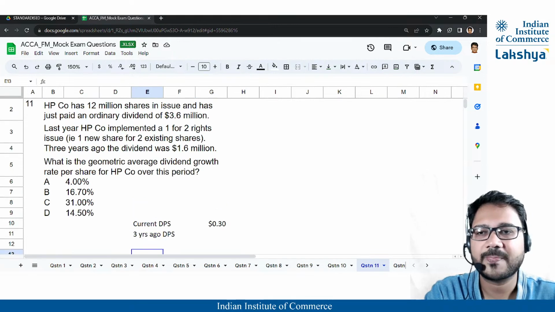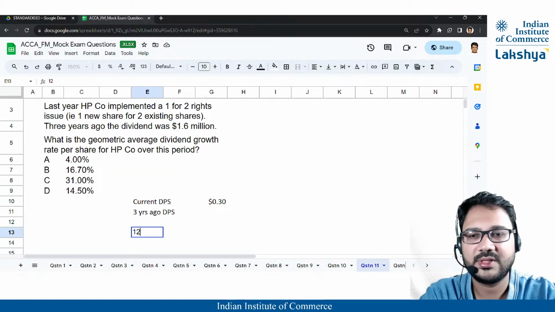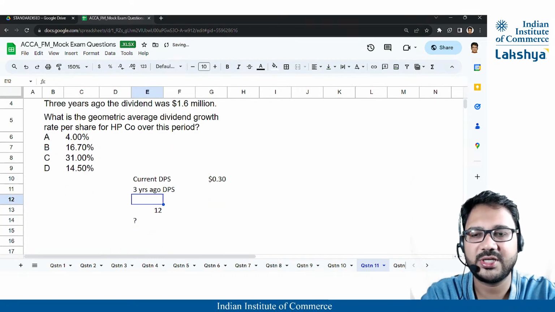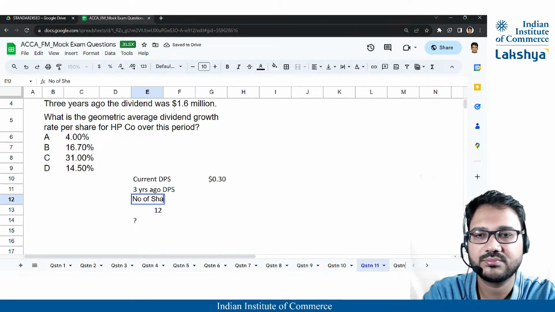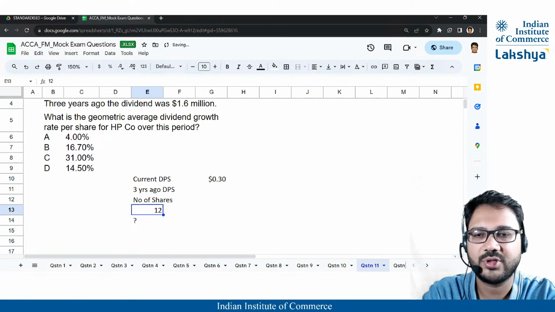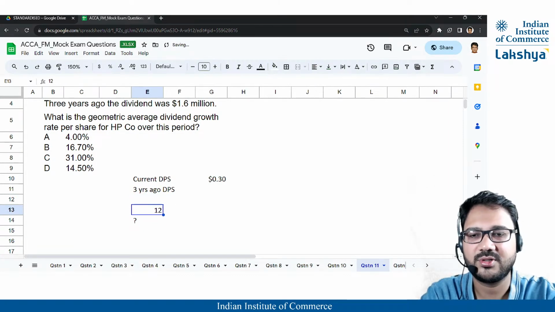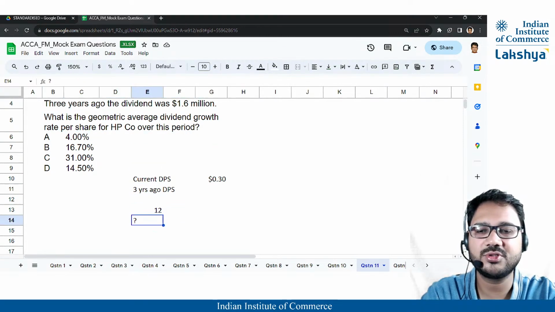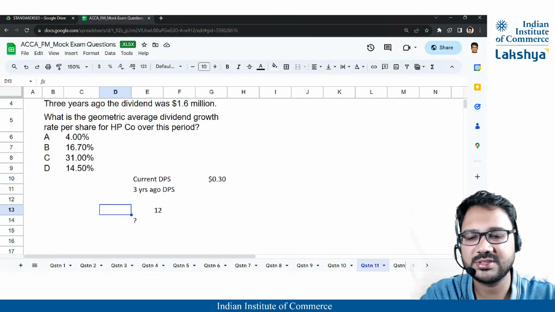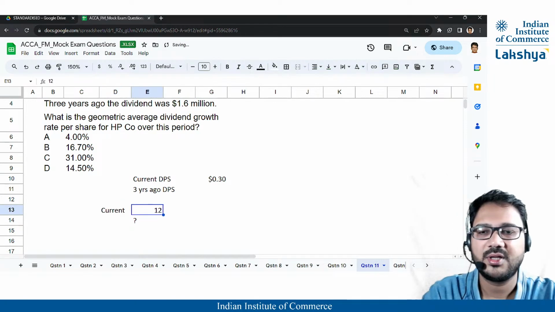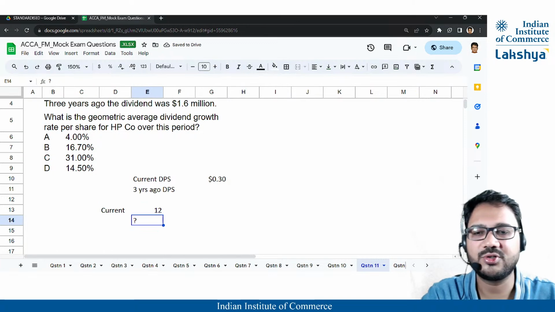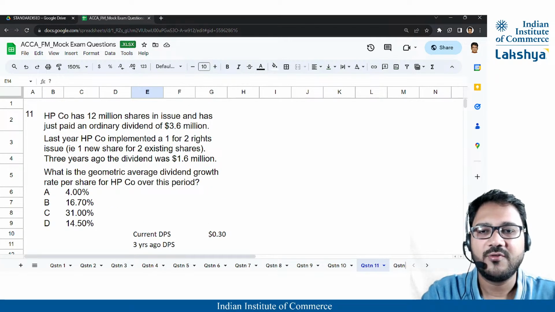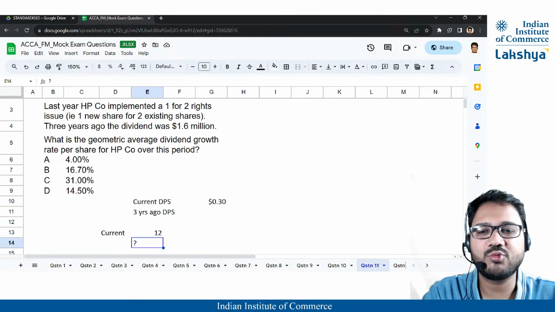Today, there are 12 million shares. 3 years ago, we don't know how many shares there were. But however, we know the ratio. For every two existing, one new was issued.